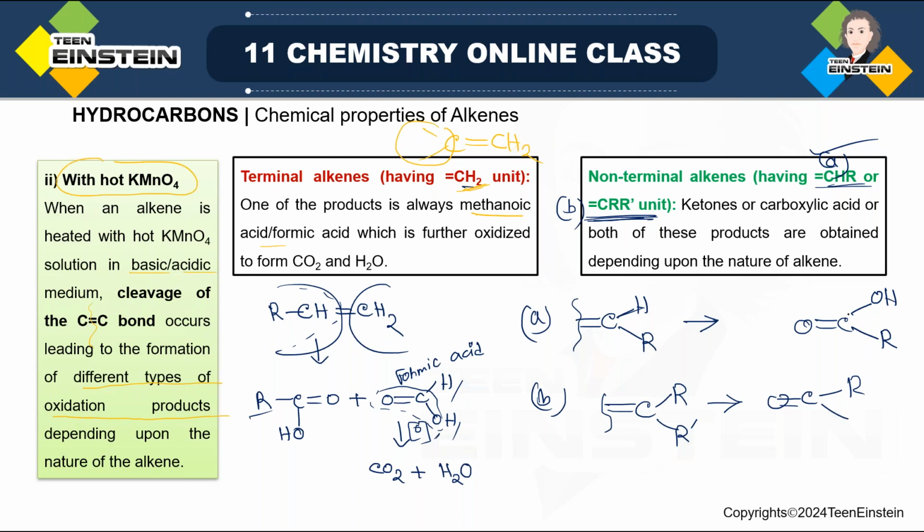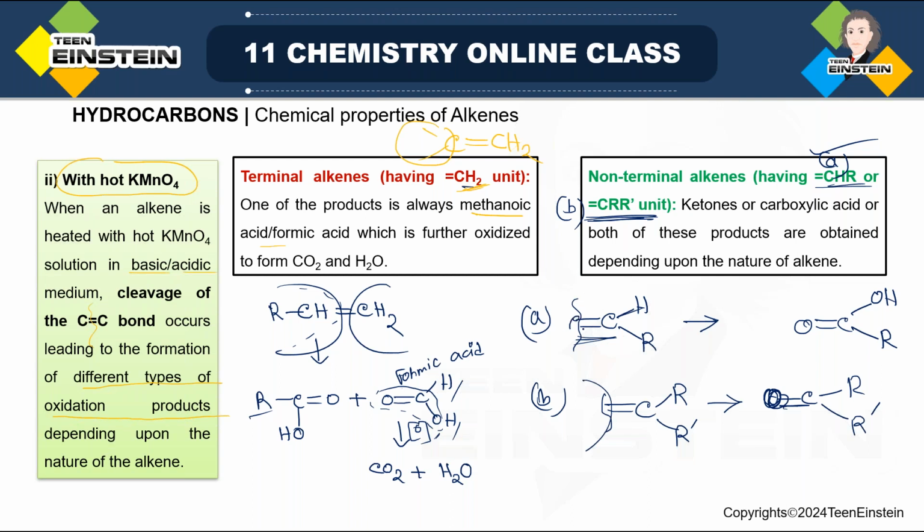Basically this CH bond is as if converted to COH, and from this part you are getting C double bond O. If you think of it in this way, it will be easier for you to memorize. So C double bond O with R and R, and depending on what type of group is present on the other side, you may get the second product.